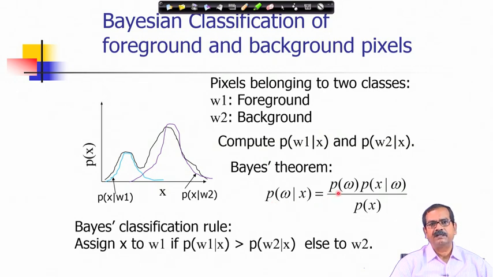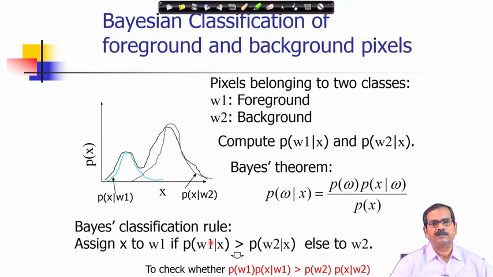You can also compute the probability of omega itself, the class probabilities. If I assume that some threshold value is chosen, then these proportional areas can give me those two probabilities. I will describe it in the subsequent slide. What is interesting to note is that you may not use the probability of x at all in these computations, because after computing these two, you need to compare only these values.